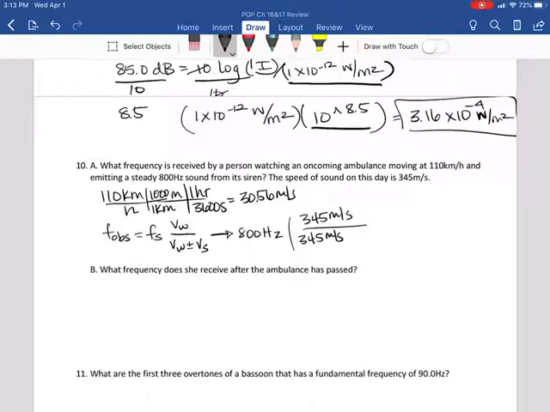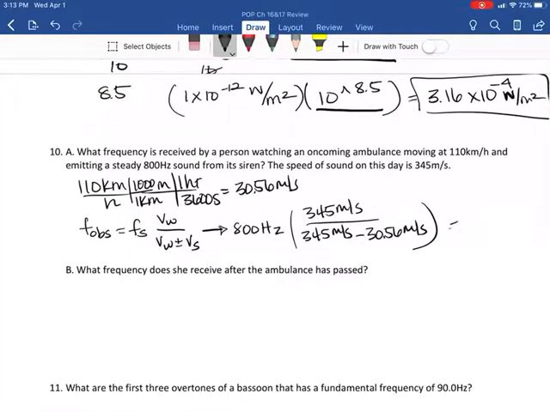And when it is talking about the oncoming or approaching, then it's minus whatever the speed of the ambulance is moving, the velocity of the source itself, which we figured to be 30.56 meters per second. So if you solve that, you should get 878 hertz.